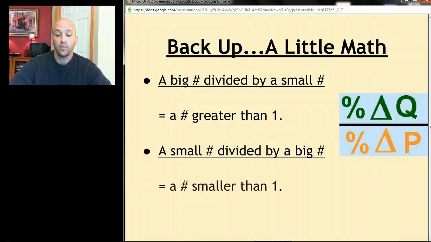In fact, you're going to get a number smaller than 1. And so we're going to use the number 1 as kind of a cutoff to determine what's elastic and what isn't. Because if you look at the formula, if we get a big number on top, a big percentage change for quantity, when we have a small percentage change for price, that means it's relatively elastic, and we're going to get a number greater than 1.